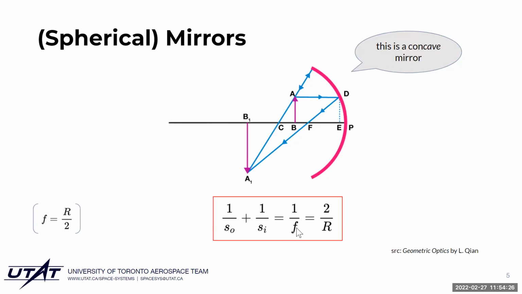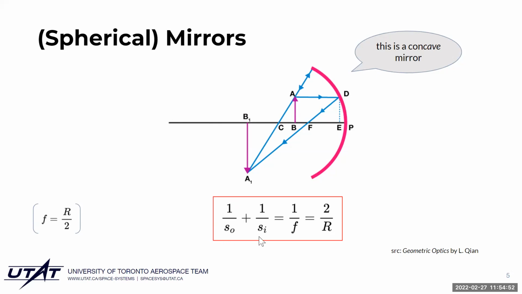But instead of having the refractive indices, because the mirror is just one single reflective surface, what you have is just 2/R gives your F. What's your R? It's your curvature once again. But this time, because it's a reflective surface, there's going to be some differences in your sign convention, which I'll get to.